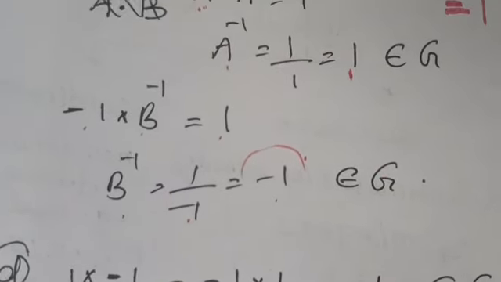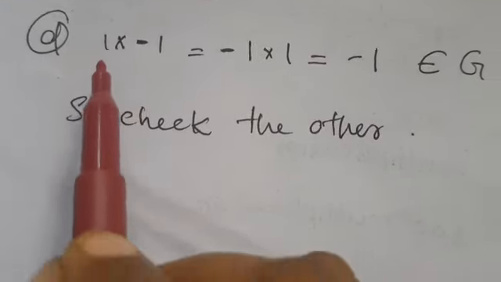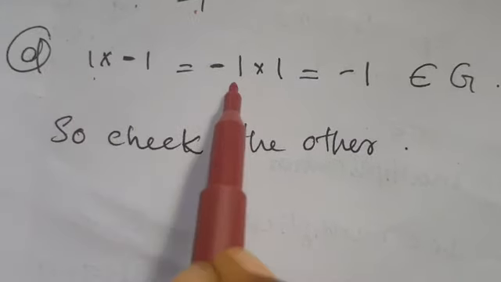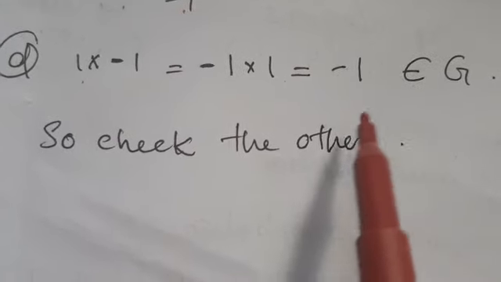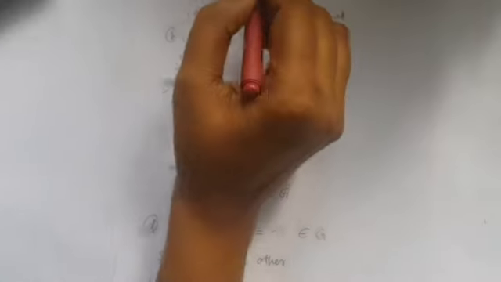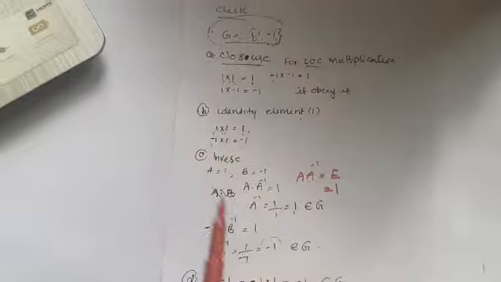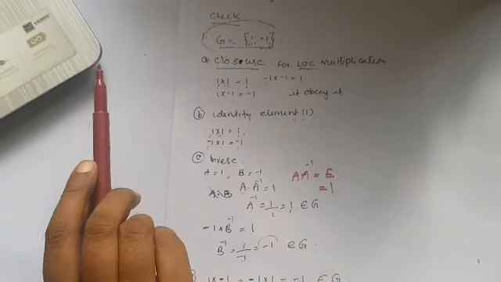So let us check for the commutative property. A into B is equal to B into A, that is equal to minus 1. So this obeys all the 4 properties. So this is a group for multiplication. This G equal to 1, minus 1 forms a group for multiplication.